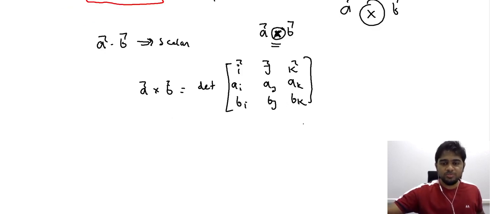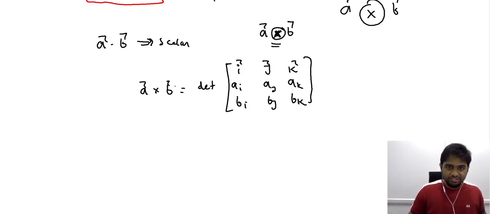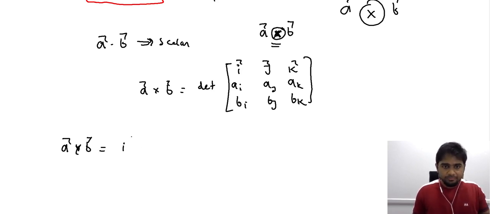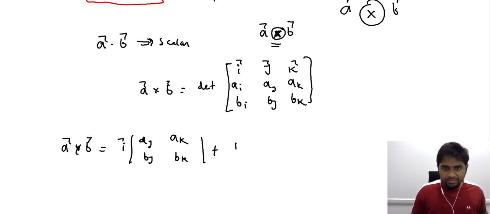Given that it is the determinant of the matrix, A cross B can be represented as I of AJ, AK, BJ, BK. So this is the I vector.